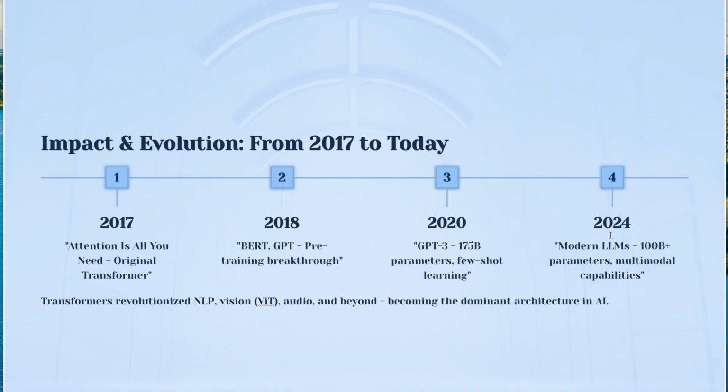And in 2024 and beyond, to fast forward, modern language models routinely exceed 100 billion parameters. They are no longer just text models. They are multimodal, capable of understanding a lot of context.